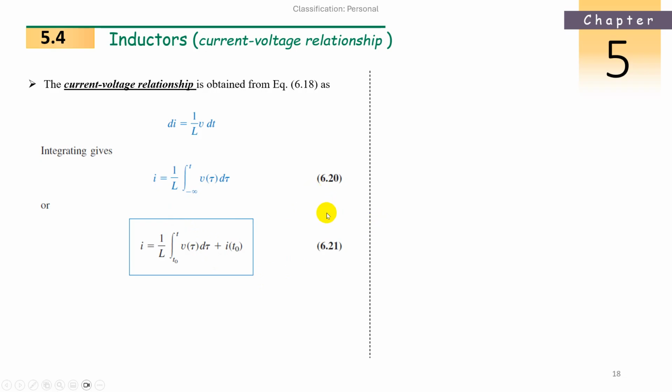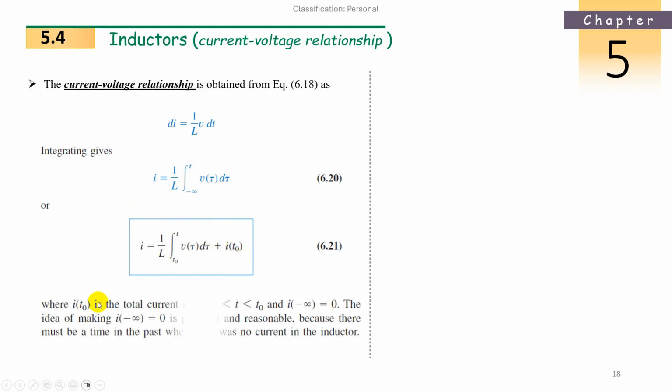When we start at the initial condition, it is what is already available inside the inductor: the current already stored, meaning the energy already stored inside the material, which can be driven back to the supply in terms of current. That is the initial condition i of t0.